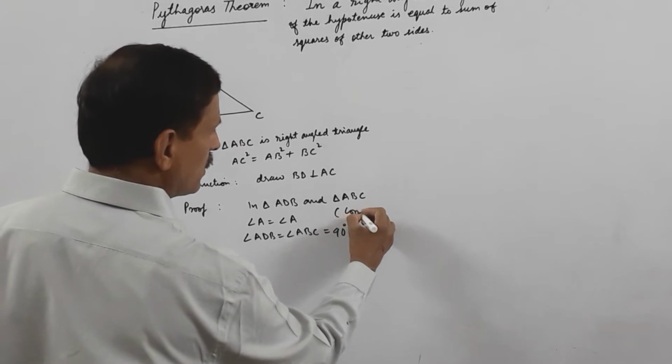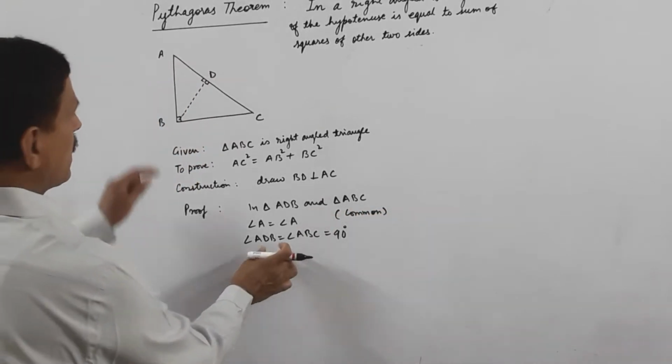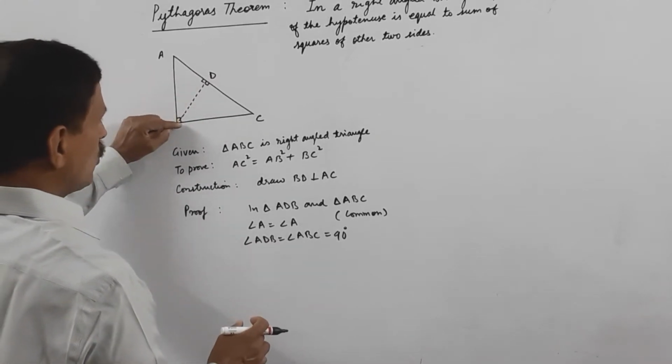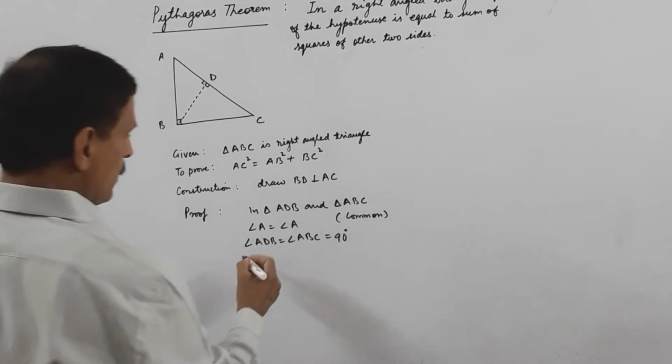This is common for both the triangles, and these are right angles. This is given to be 90 degree and this is by construction 90 degree.